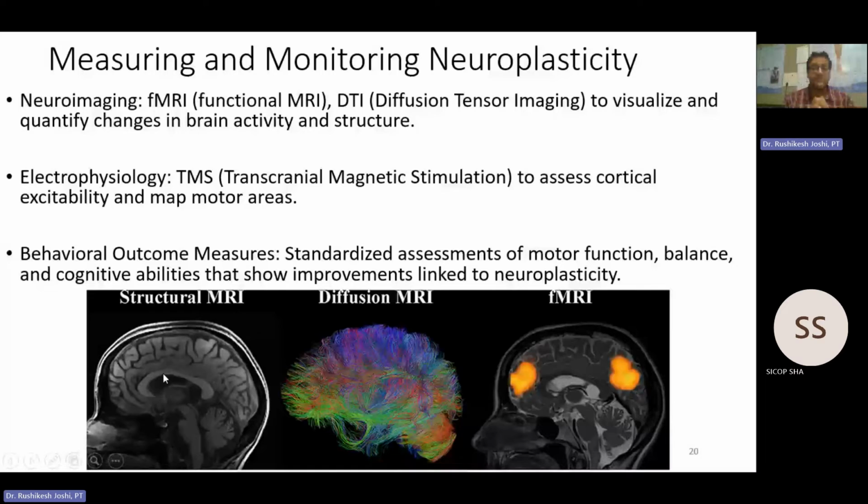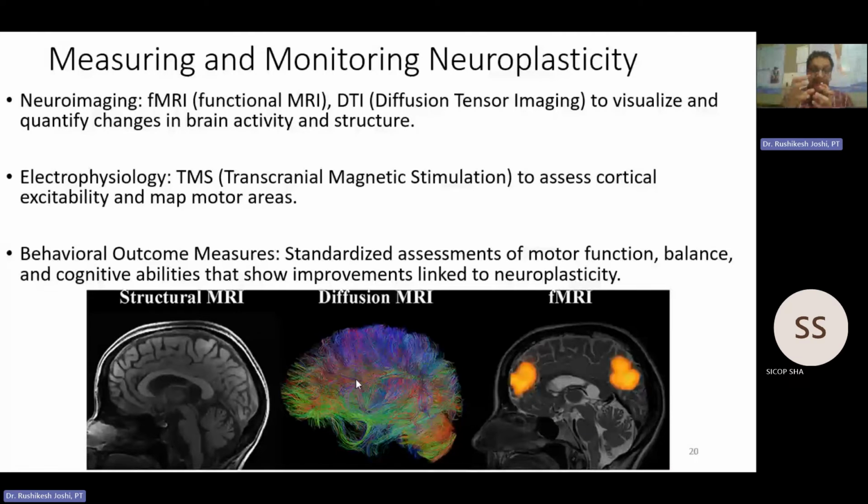So functional MRI shows the live changes happening in the brain. All right. So whenever the patient's pre and post MRIs are taken, it shows the firing of the areas which were not initially working, but now they are firing up. All right. And the area where the blood supply, the angiogenesis, has happened, that area shows the increase in density.